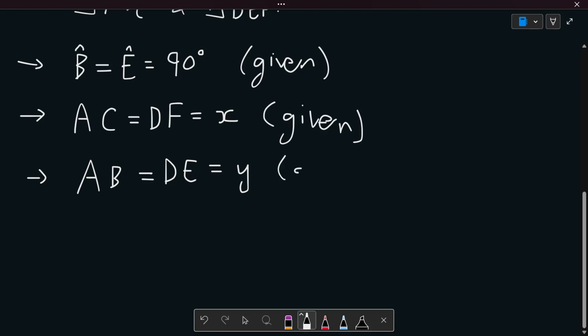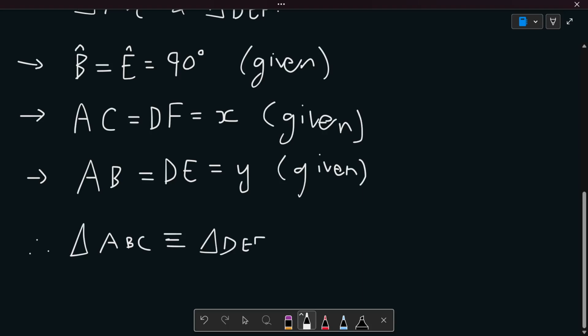And why? Because it is given to us. Okay, and now we can just conclude by saying, therefore, triangle ABC is going to be congruent to triangle DEF.